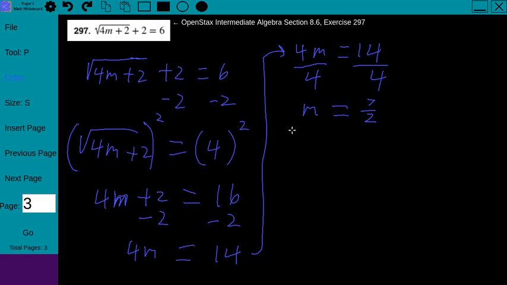Now, always ask yourself this as soon as you're done with any kind of math problem: number one, does your answer the question? This question asked us to solve it. Yes, we got m equals 7/2. Does your answer make any sense? Yes, it does seem to make sense.